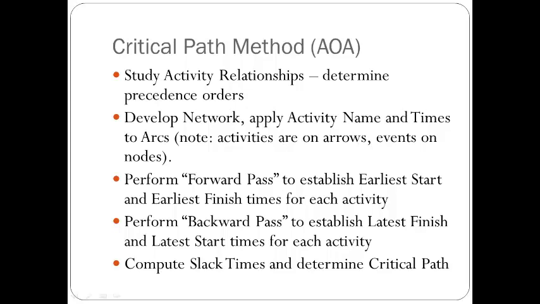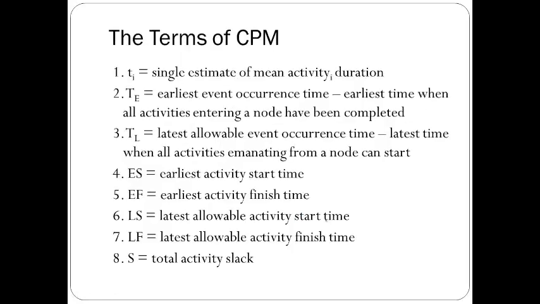Then this other path does not have to finish within 8 days. It can have some slack time. You can finish it a little late without affecting the entire project. So we're trying to find the latest start and latest finish time for each activity, and we'll compute the slack time to determine the critical path.